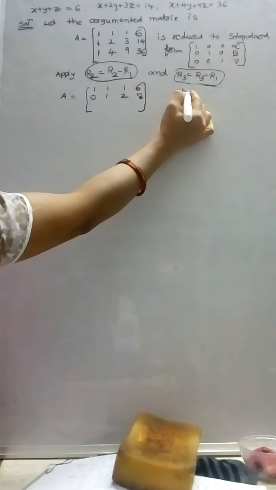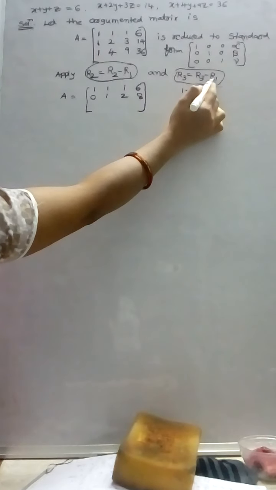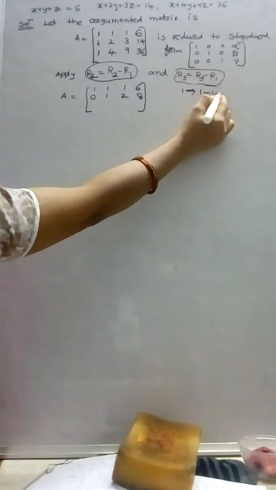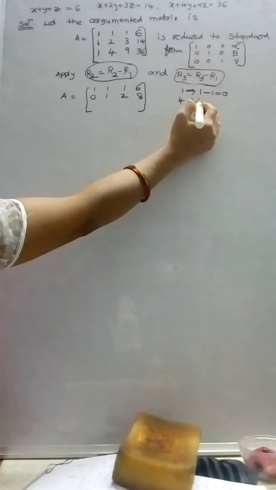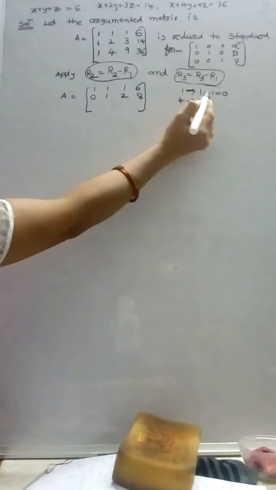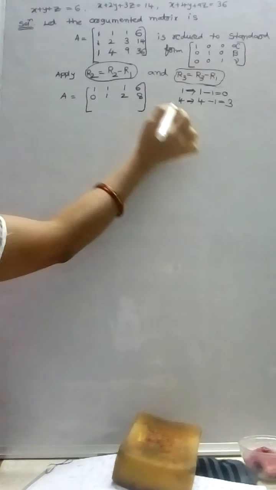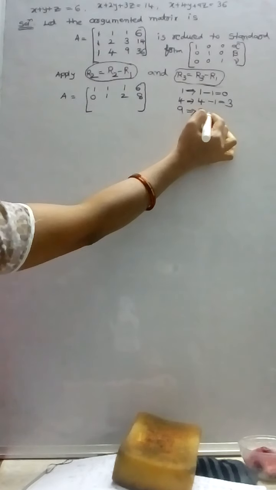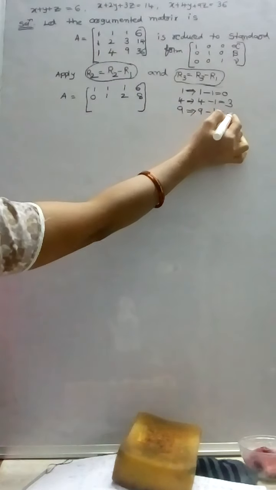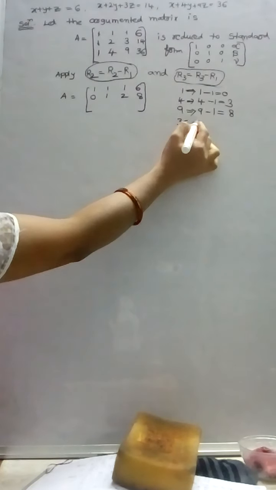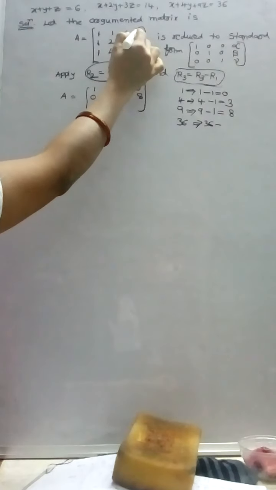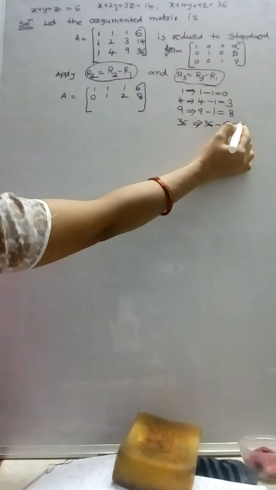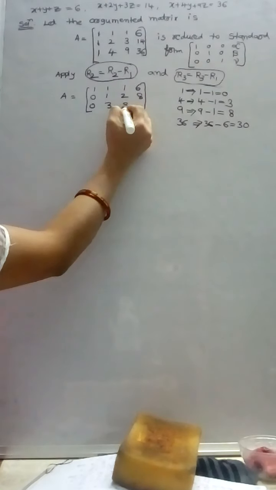The first element is 1 minus 1, equal to 0. The second element is 4 minus 1, equal to 3. The next element is 9 minus 1, equal to 8. The next element is 36 minus 6, equal to 30. So the third row changes to 0, 3, 8, 30.